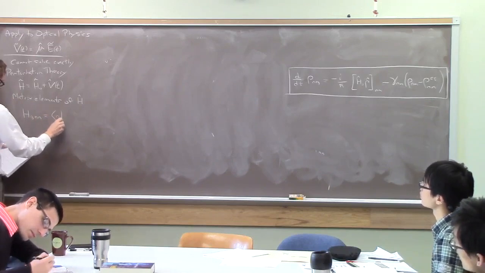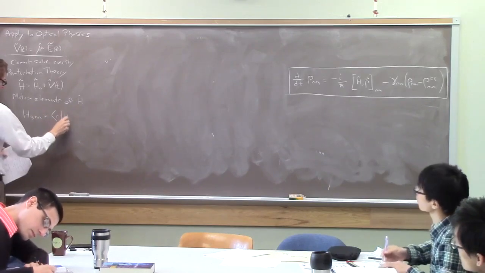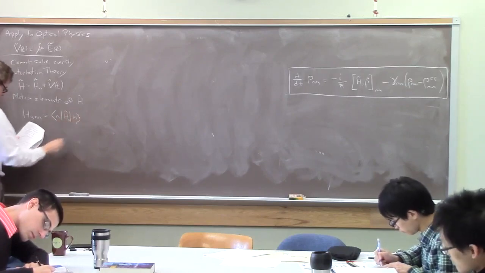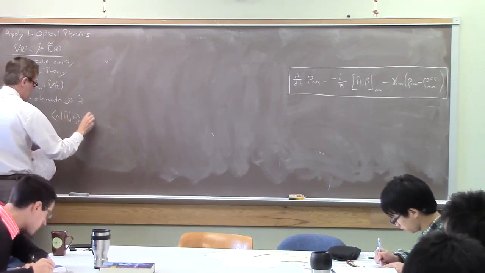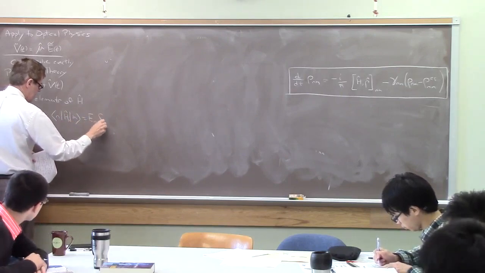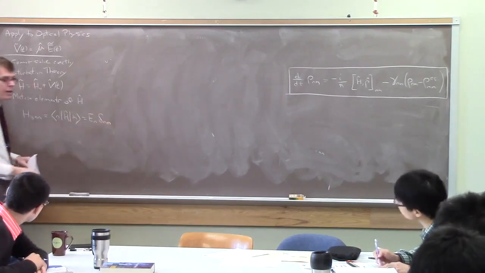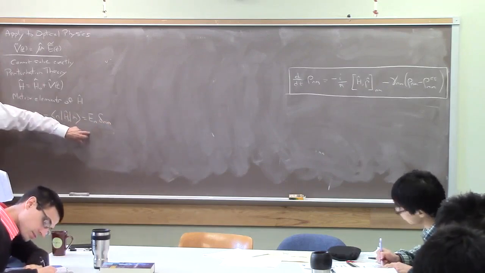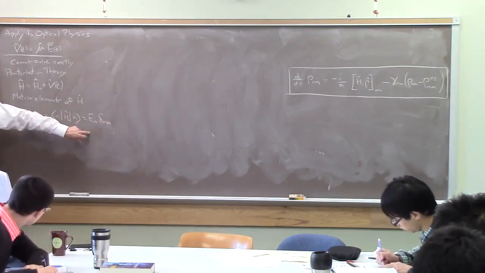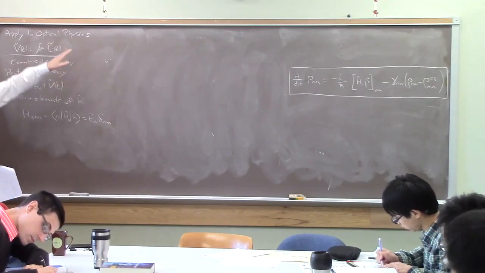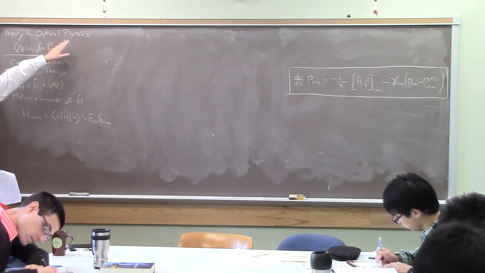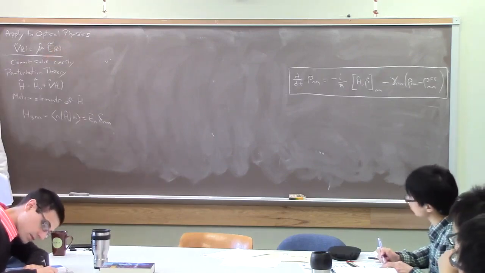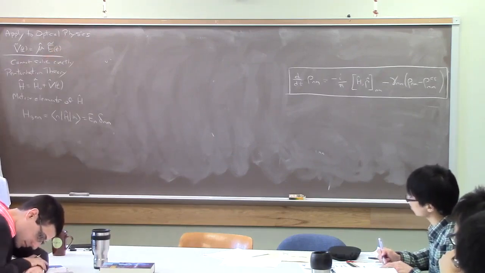Or I can write this as N H naught M. And this is E N delta N M, making use of the obvious statement that the Hamiltonian is diagonal in the basis of its own eigenvalues.